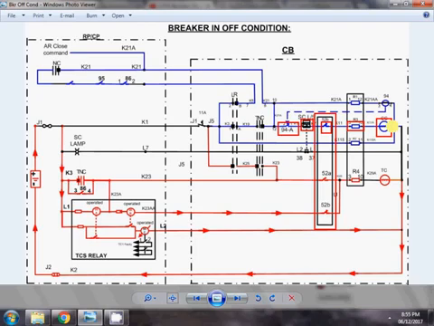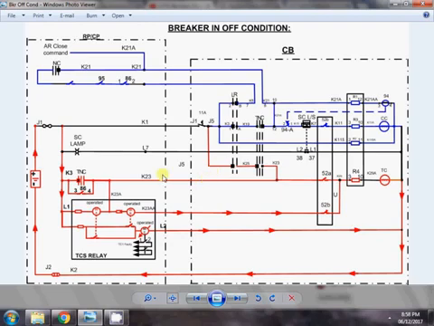As the command is given, the closing coil gets energized, thereby operating the closing mechanism. And this red is the tripping circuit, and its operation will be explained when the breaker is in the closed condition.